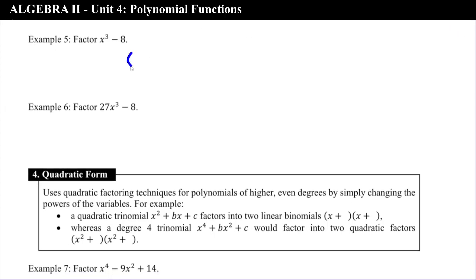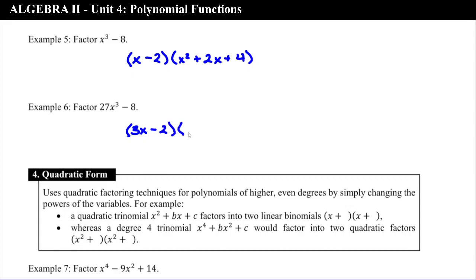So again, just take the cube root of x to the third, which will be x. Take the cube root of 8, which is 2. And then we do x squared plus 2x plus 4. For the next one, take the cube root of 27, which is 3, the cube root of x cubed, which is x, the cube root of 8 is still 2.